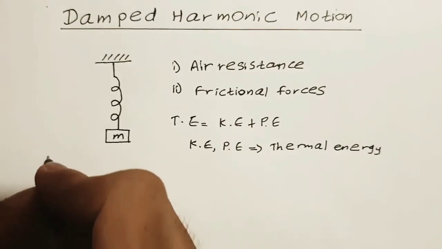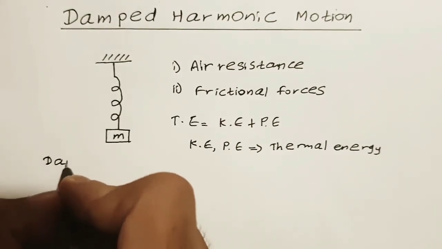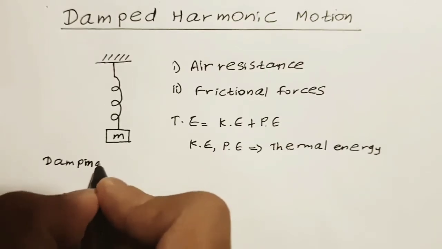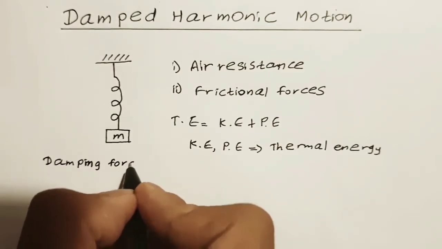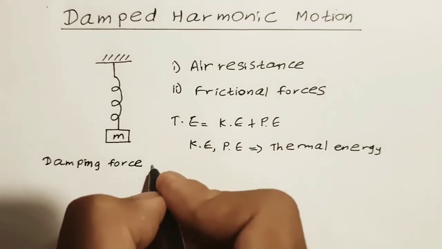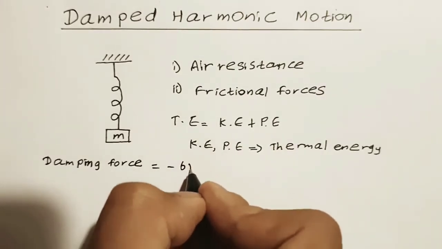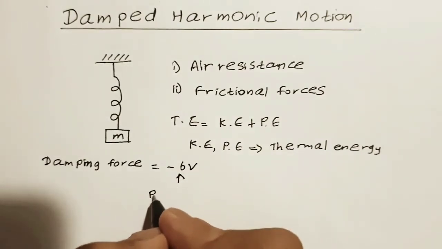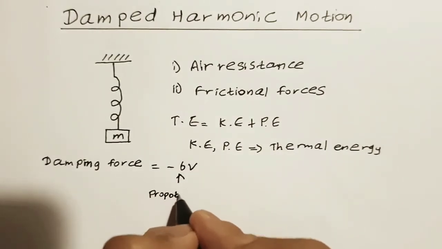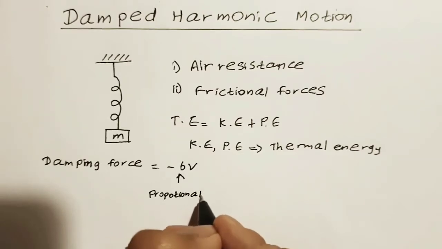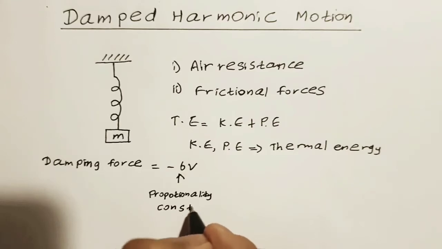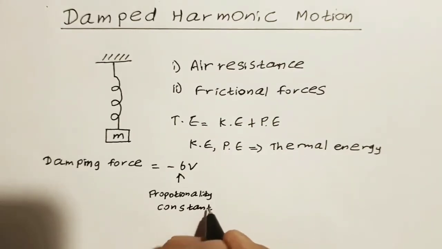So we can take this damping force to be equal to minus b times v, where b is the proportionality constant, whereas v is the normal velocity we consider.